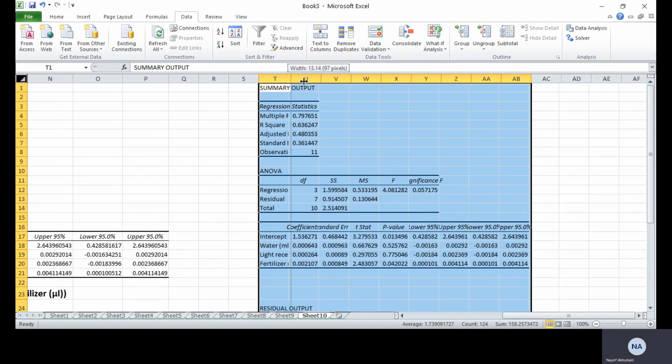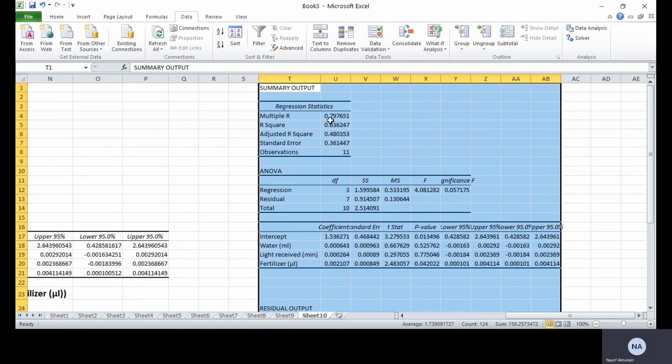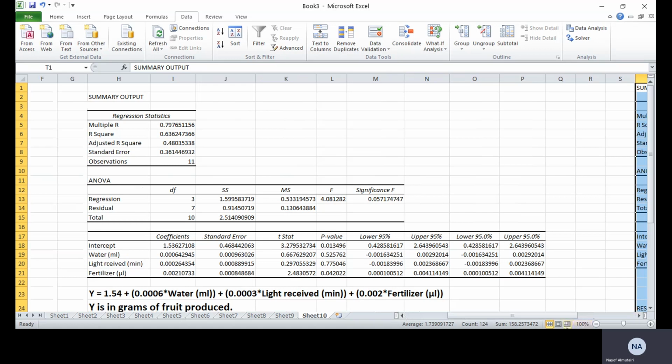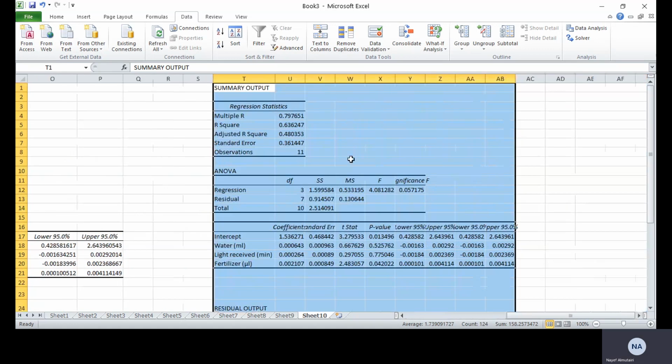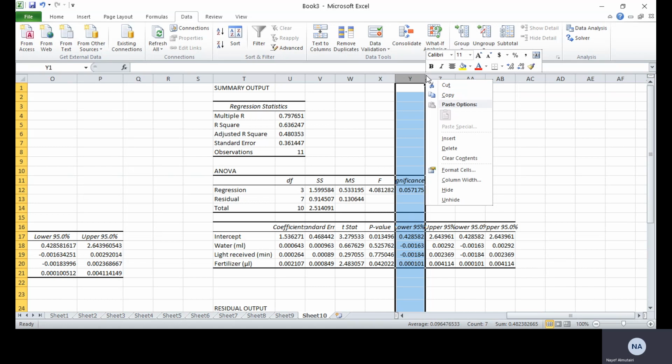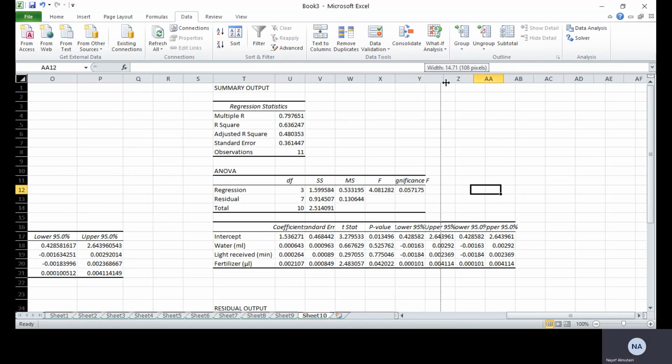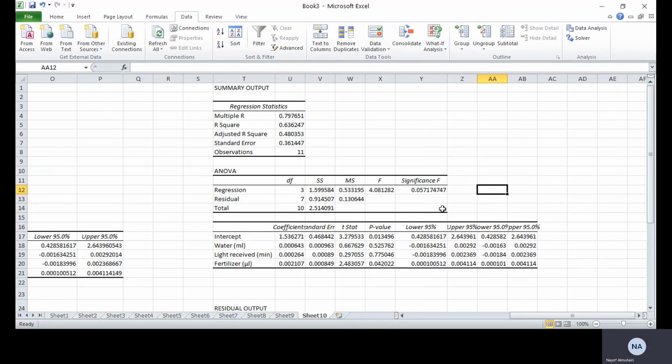So this is the multiple regression, 0.797, which is the same answer that we have here, 0.797, and 0.6336 for R square, adjusted R square, standard error 0.36, and observations is 11. Now, we can see that the significance here is 0.057, which is not great, but let's see, very close to 0.05.